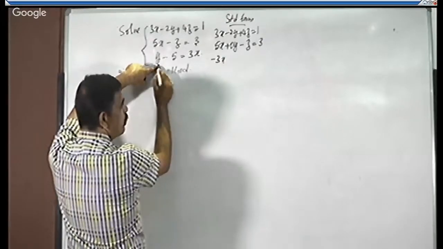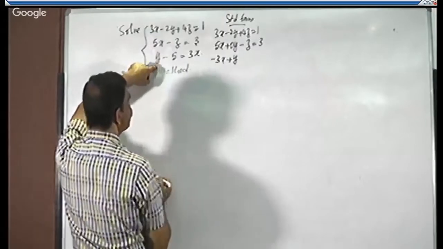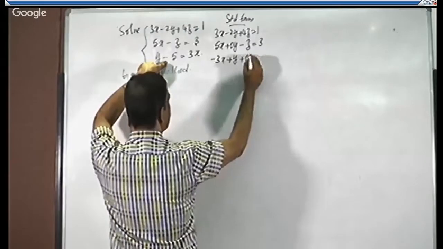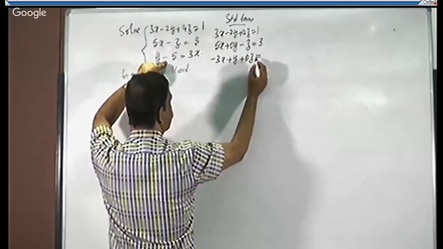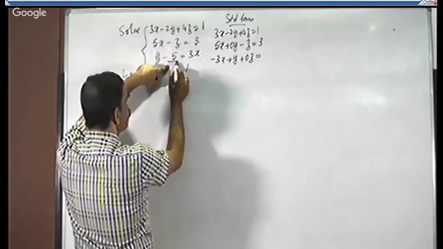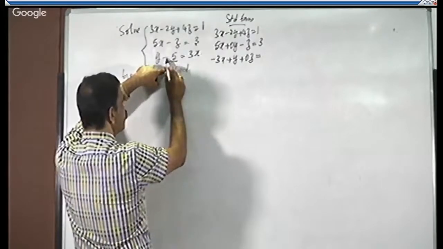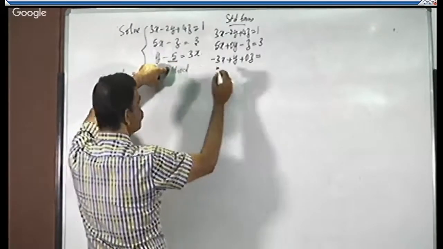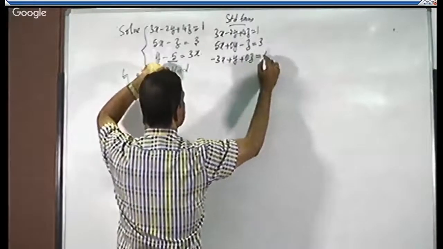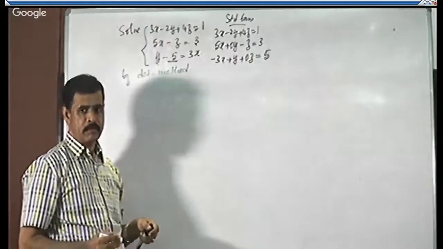The y term, which is at the left side only, you take as plus y. No z term, right? Therefore, it becomes 0z is equal to, after the equal to symbol, we have to write the constant. Where is the constant in the third equation? It is at the left side. It has to be transferred to the right side. So this is minus 5. When it is transferred to the other side, it becomes plus 5.